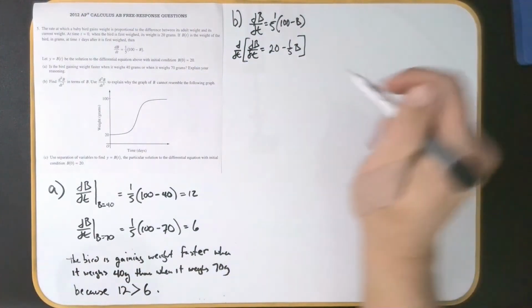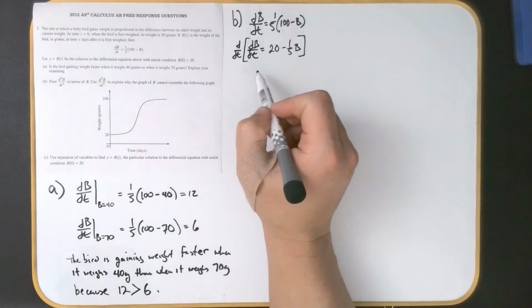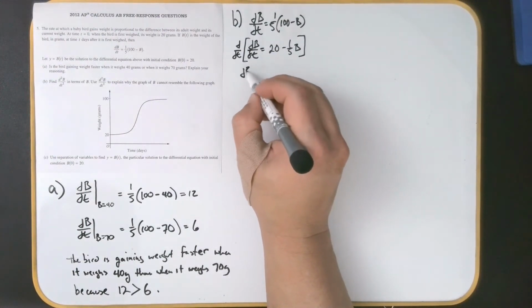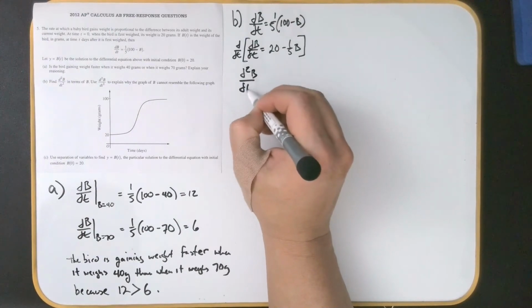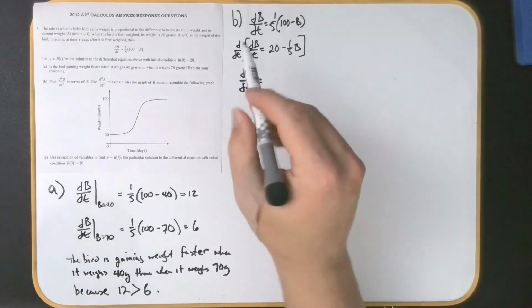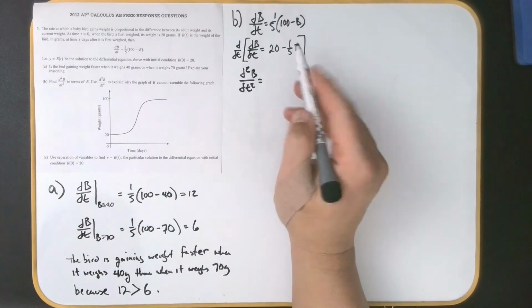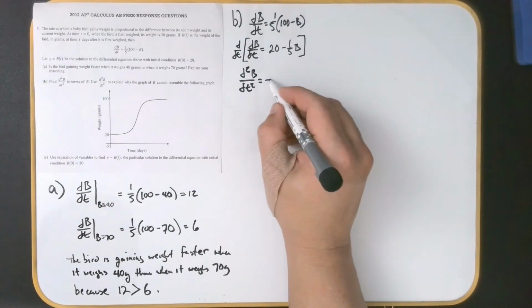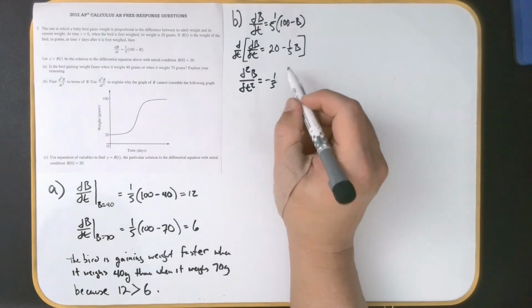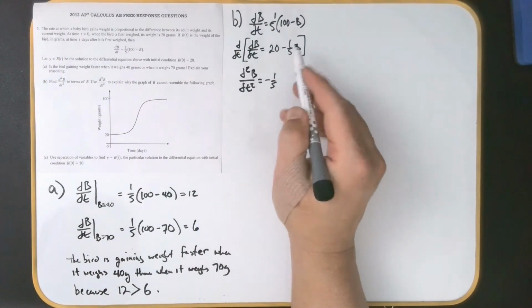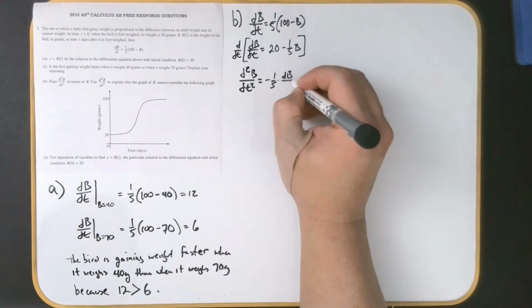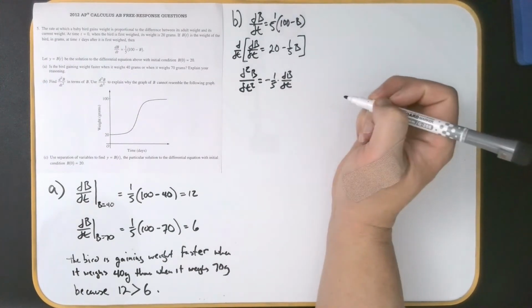Okay? So, let's take the derivative of db dt. Well, that's where we're going to get our d squared b over dt squared. Now, the derivative of 20 is 0, so that's gone. The derivative of negative 1/5 b would be negative 1/5, but you've got to be careful. Derivatives don't match, so I have to represent the derivative of b with respect to t, which would be db dt.